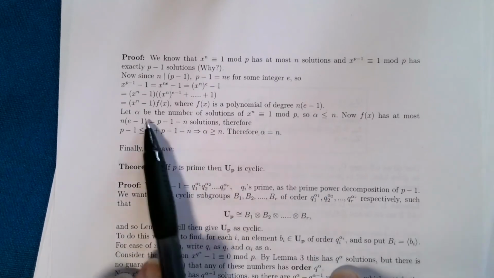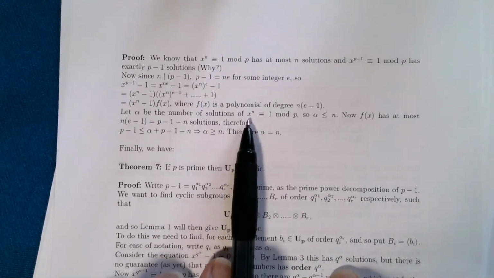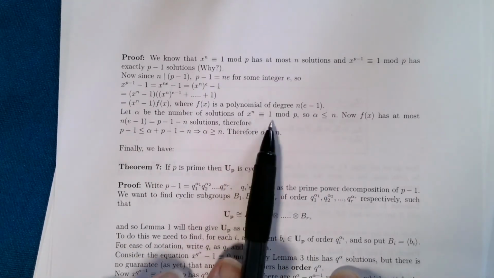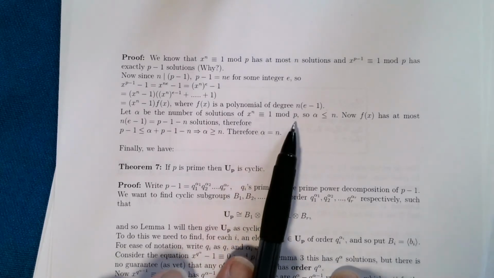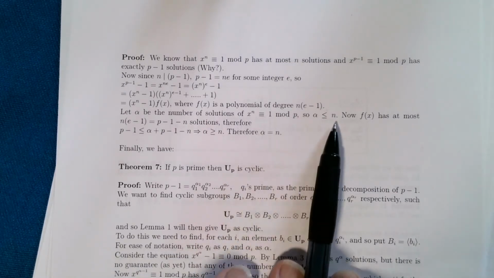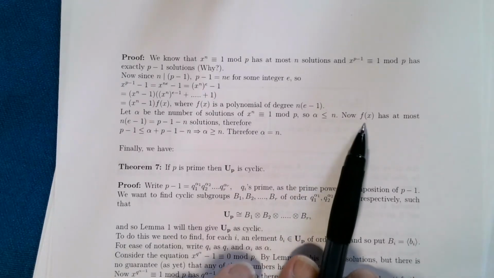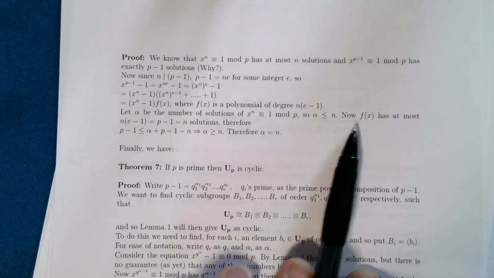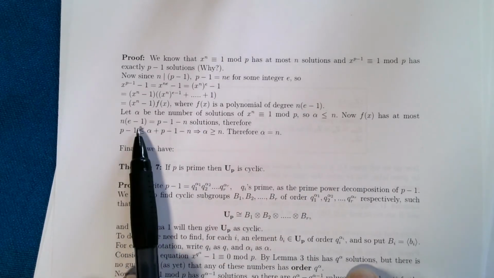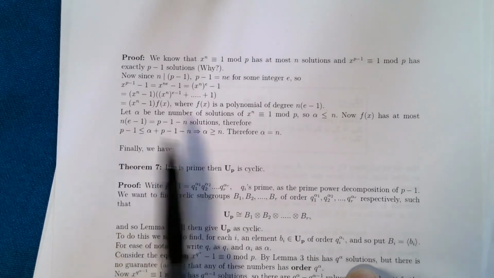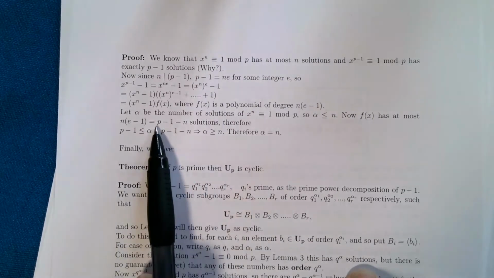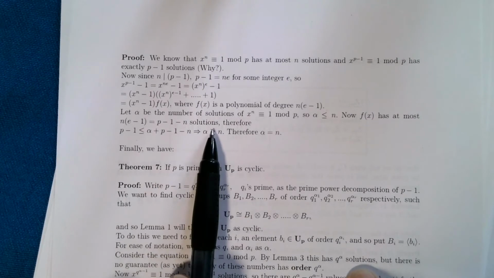We let alpha be the number of solutions of x to the n congruent to 1 mod p, and we know alpha is less or equal to n by our previous lemma. Now f of x also has at most that many solutions, and if I replace ne with p minus 1, I get p minus 1 minus n solutions.